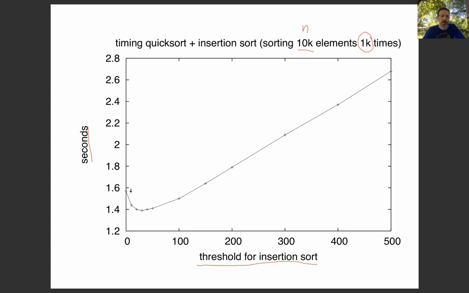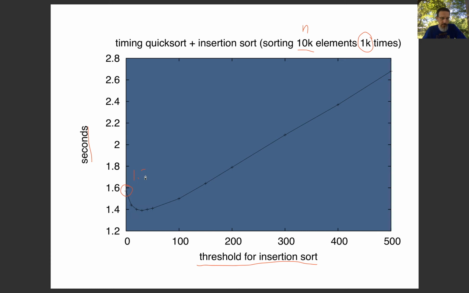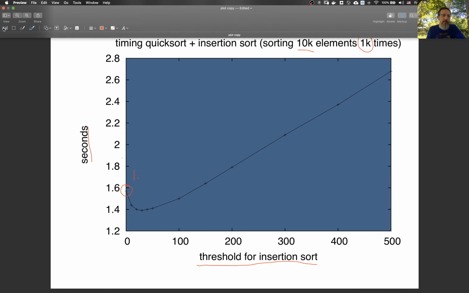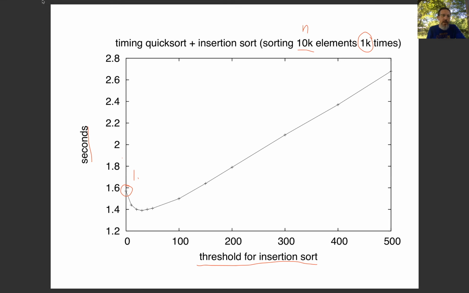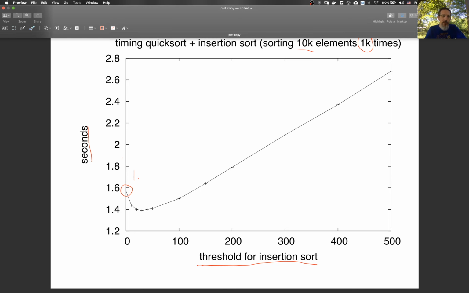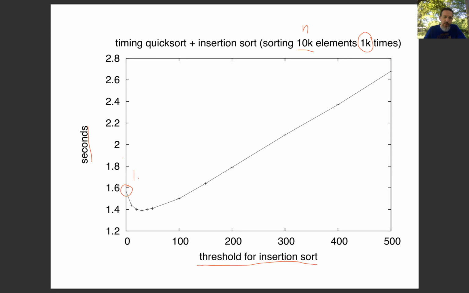Now this right here is about 1.58 or something. The timing for this, which is quicksort by itself, is about 1.58 something. That's this marker right here.